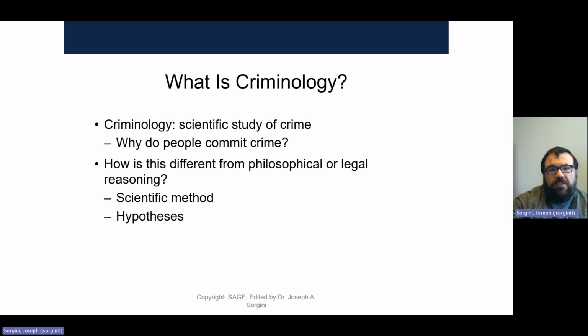The first slide you'll see is titled, What is Criminology? Within this slide, you're going to find not just the fact that we use science in criminology, but that what we're trying to answer at the end of the day is the question you see there: why do people commit crime?